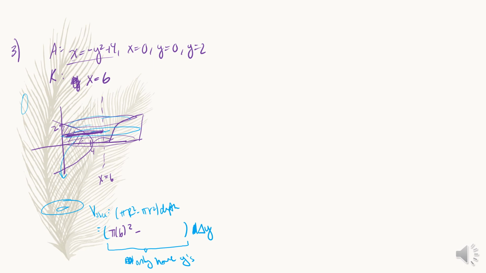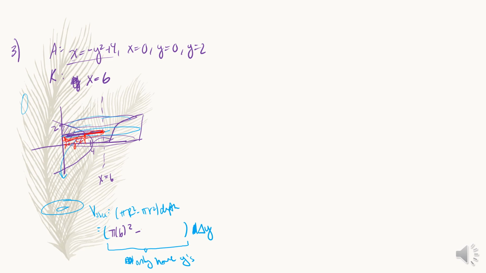That small radius is going from this line back to the curve. So we're trying to figure out that distance. The distance that we know, that's given to me by the curve x equals negative y squared plus 4. That's this little distance here. But I'm looking for the one that I just circled.